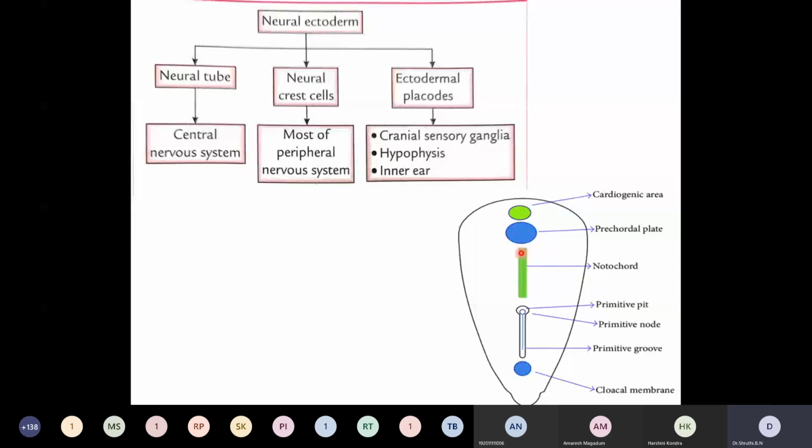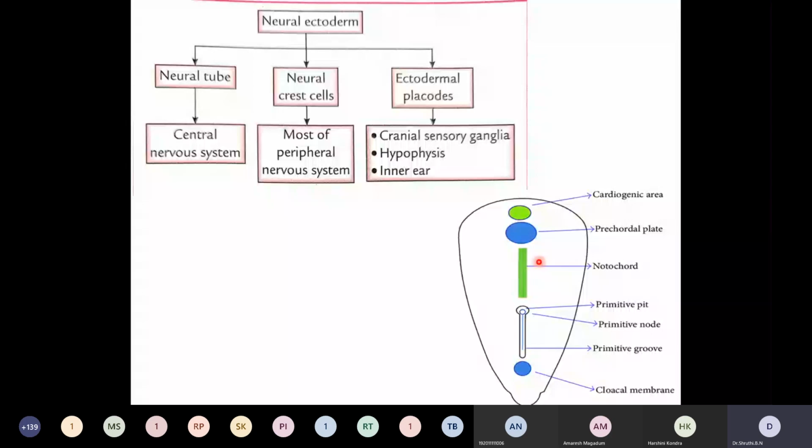So this is the notochord, right? Okay. Upon this, we have the neural tube. Notochord acts as a primary organizer or primary inducer that induces the development of neural tube. We know that the neuroectoderm, the central part above this notochord, the part of the surface ectoderm thickens and forms the medullary plate.